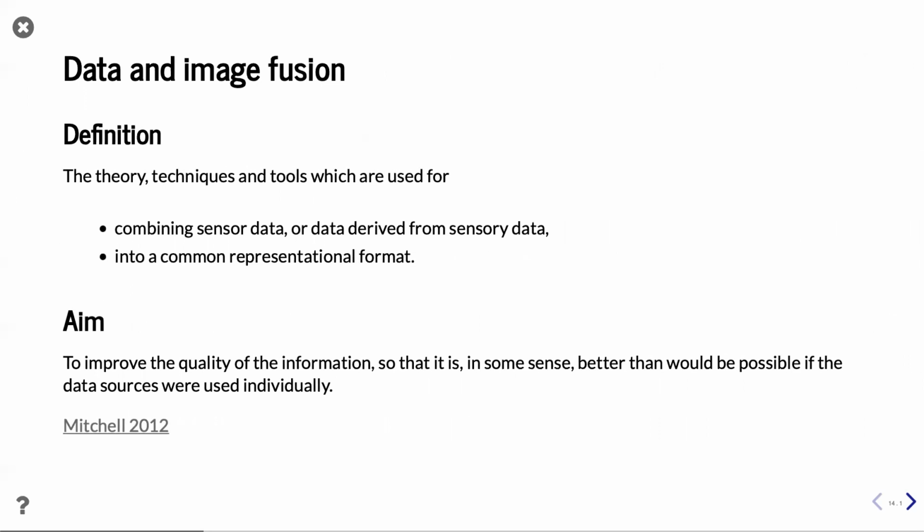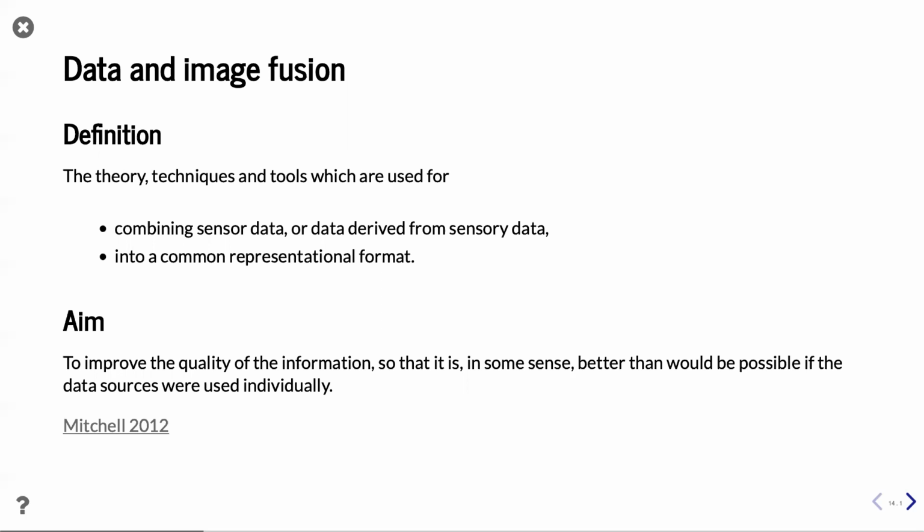And now that we have different ways of acquiring information, now we want to fuse them also. And that's the kind of mixing, you can say. So it's the data fusion or image fusion, how you can combine sensor data in a common representation.